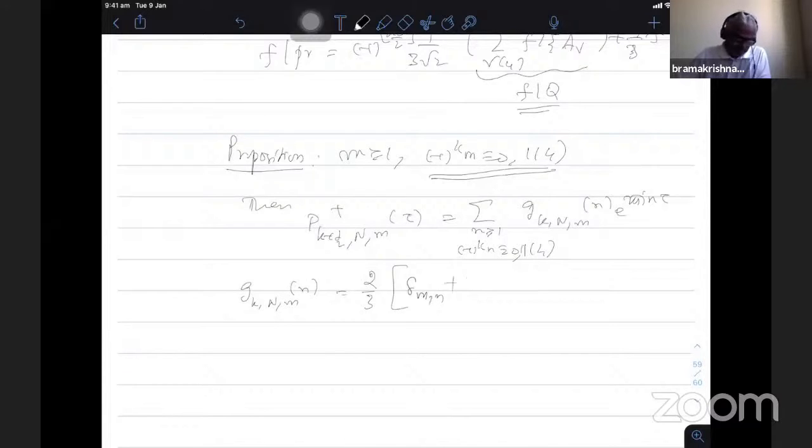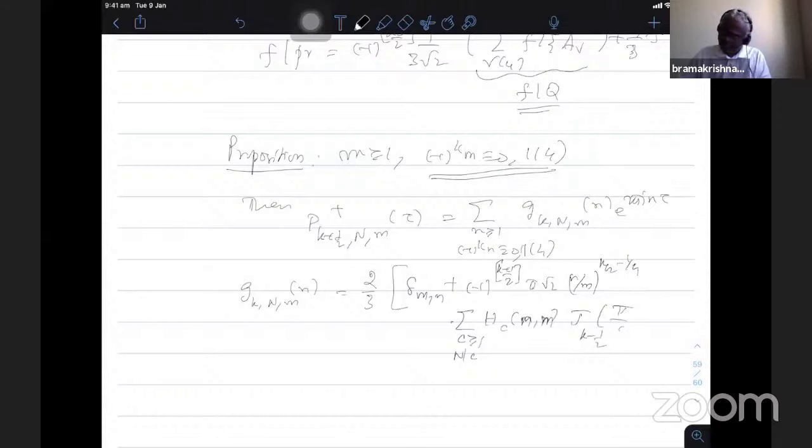So similar to the Kronecker delta in the previous case, (-1)^{[(k+1)/2]} π√2 (n/m)^{k/2-1/4} times the summation over c greater than or equal to 1 with N dividing c of H_c(n,m) times I_{k-1/2}(π√(mn)/c). Order is important here.